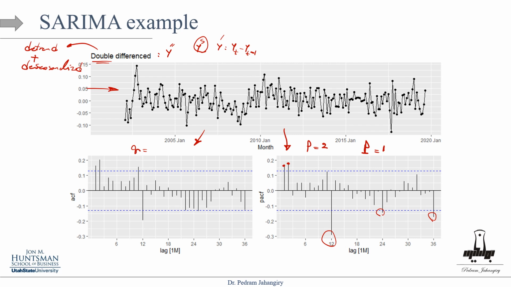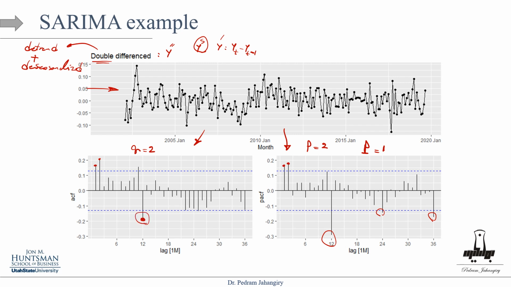How about small letter q and capital letter Q? So again, q is equal to 1, q is equal to 2, lag 2. There's a sharp decline here, so 2 is a good candidate. Now look at that. At this lag 12, I see again a large number, right?